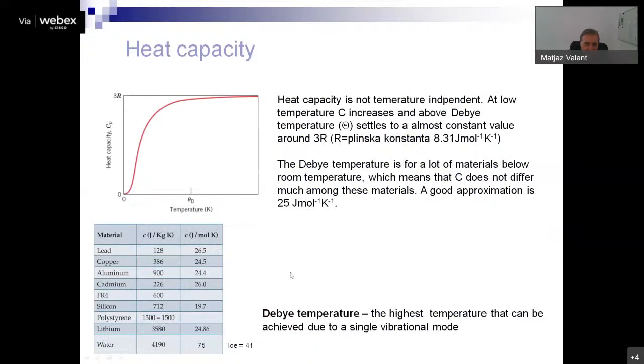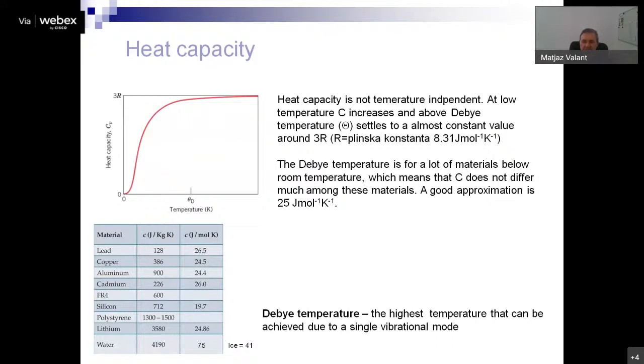Now, another important property of the heat capacity is that it is not temperature independent, but temperature dependent. Heat capacity towards 0 Kelvin is 0 for all materials. But then it starts to increase as we wake up new vibrational modes.